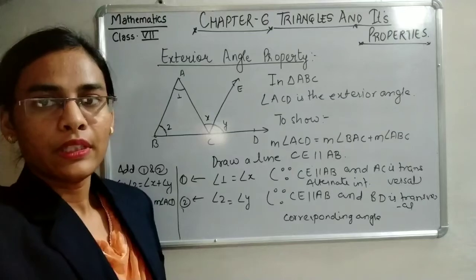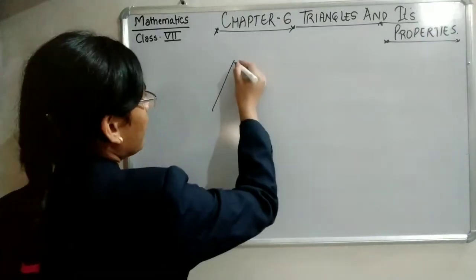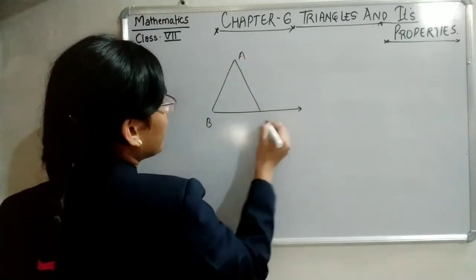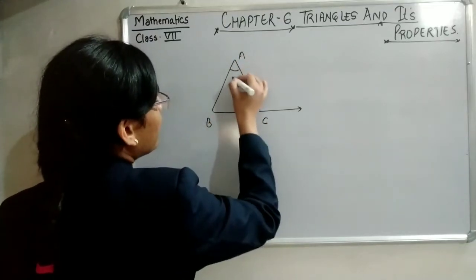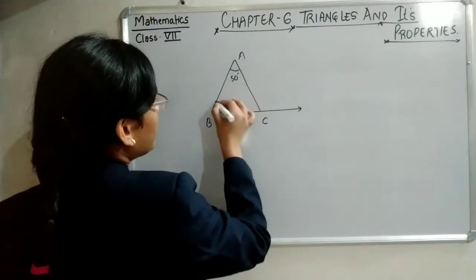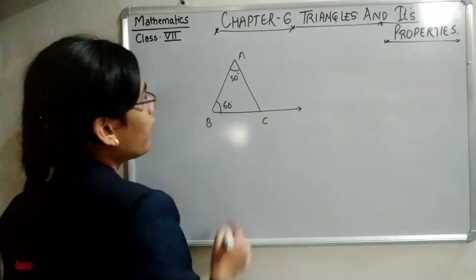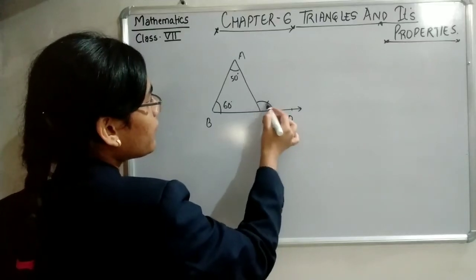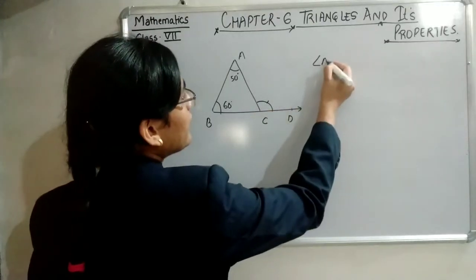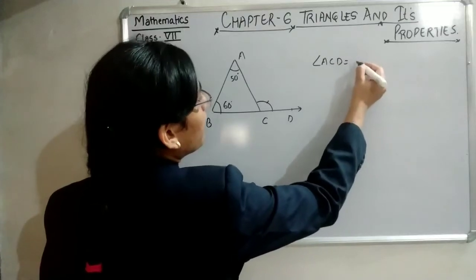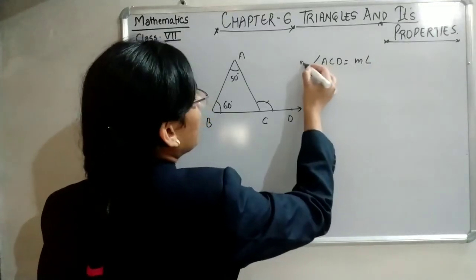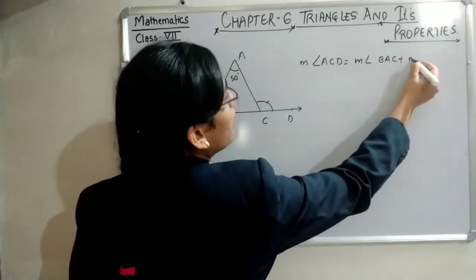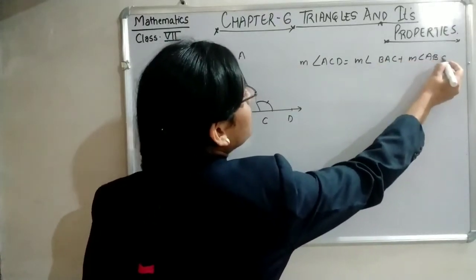Now we'll proceed further with questions related to the exterior angle property of a triangle. Suppose we are given a triangle ABC and the two interior angles of the triangle are given as 50 degrees and 60 degrees. Now if we want to find this angle ACD, which is the exterior angle of this triangle, then angle ACD will be equal to measure of angle BAC plus measure of angle ABC.